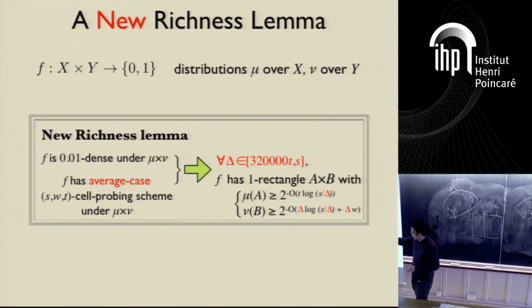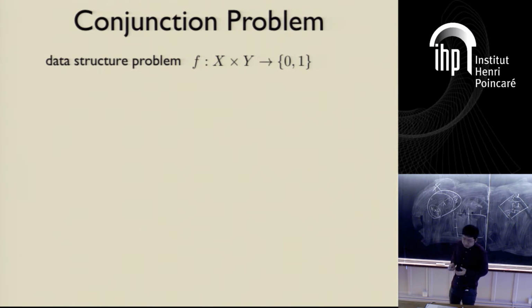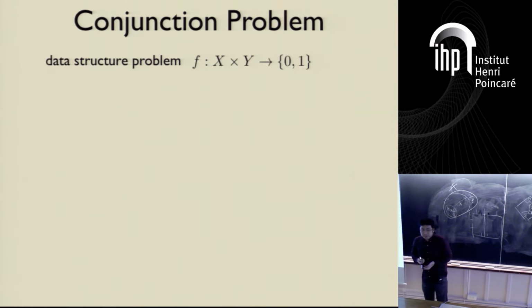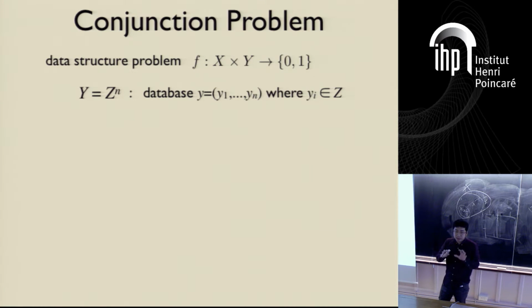But to use it, we need to carefully choose our parameters, and that's kind of tricky. So to make it more convenient, let's consider a natural family of data structure problems with a conjunction form. I call it a conjunction problem. For a conjunction problem, every database is a tuple of n points from some domain.